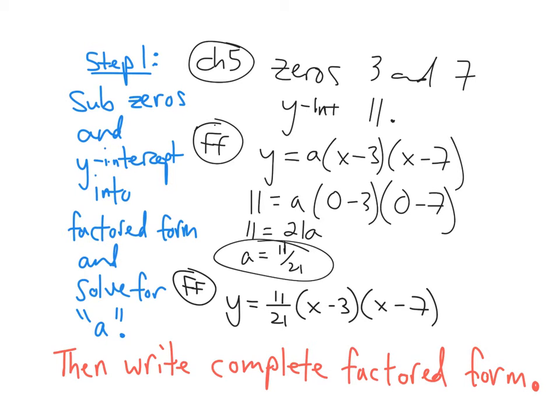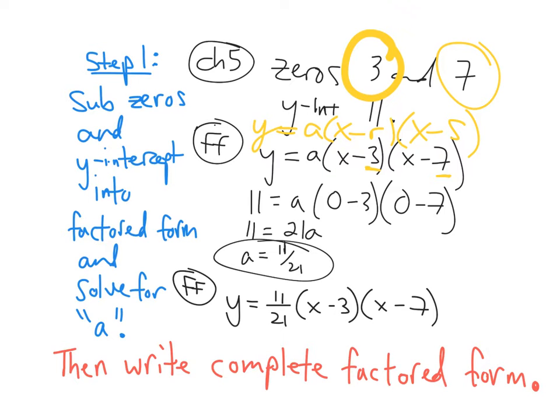So the first zero is 3, and that gets subbed into the equation x minus r, so that's the first value, and the other zero is 7, that gets subbed in where s is, x minus s. Because remember, in general, it's a(x minus r)(x minus s). That's our general factored form.